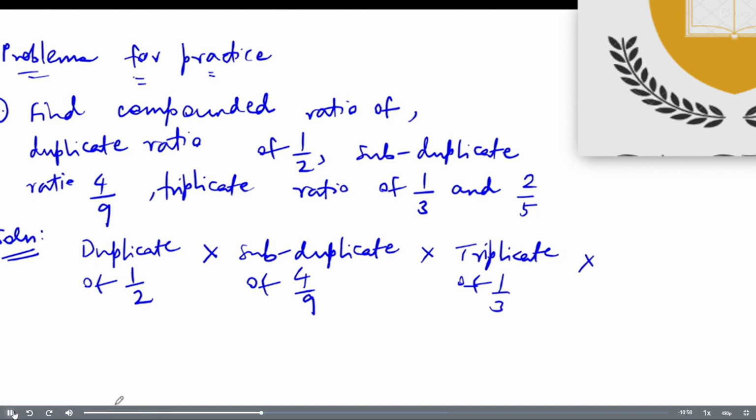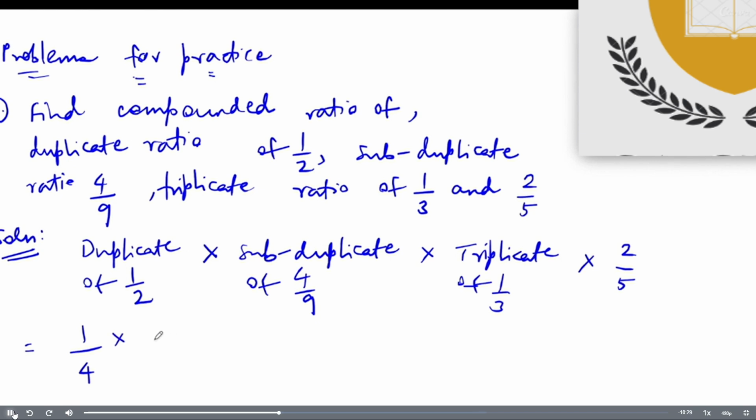No. It only means triplicate of 1 by 3 and 2 by 5; you just don't have to calculate the triplicate of 2 by 5. It does not say triplicate of 2 by 5. It only says triplicate of 1 by 3 and 2 by 5. So therefore you have to straight away write only 2 by 5. Please be very careful. If you make a mistake here, then you will lose marks very sadly.